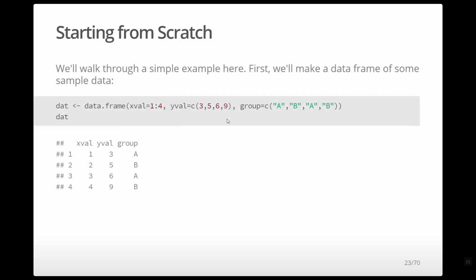Here I'm just creating a very simple data frame. This is in tidy form. We've got the x variable in one column, y variable in another column, and a grouping variable in a third column here.